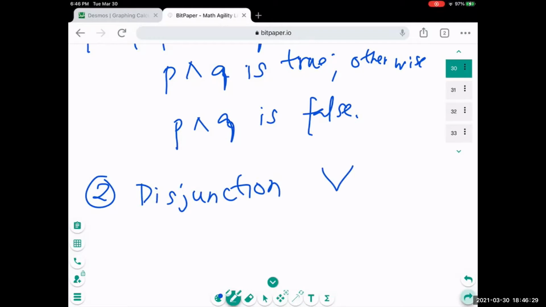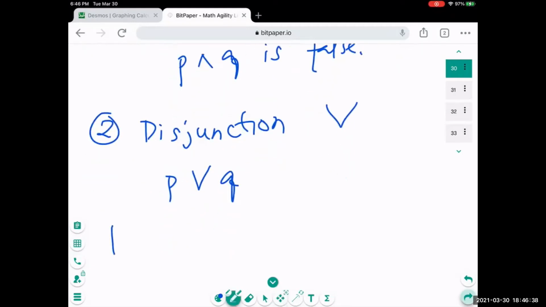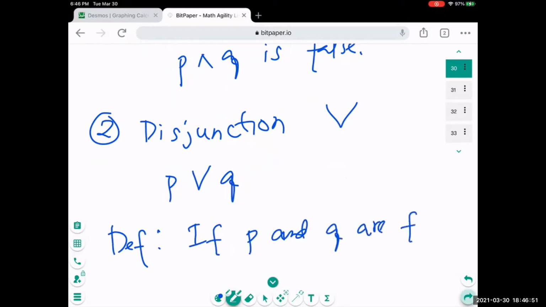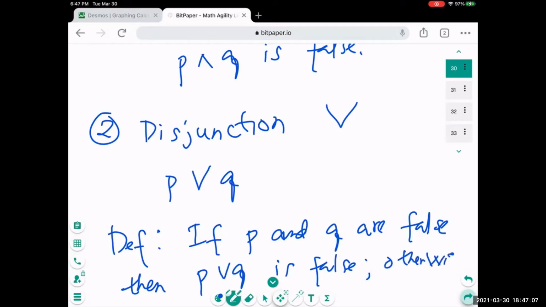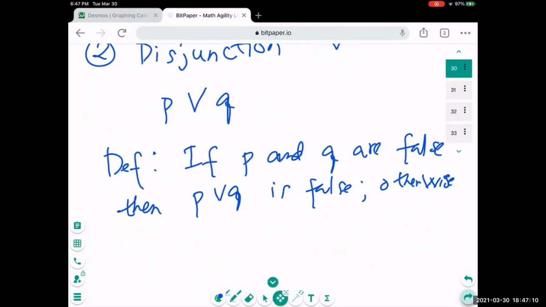So it says, for example, P disjunction of Q. The definition is, let's write it here: if P and Q are false, then P disjunction Q is false, right? Otherwise, P disjunction Q is true.